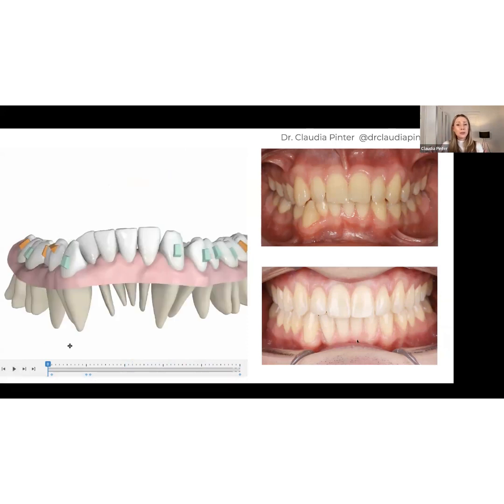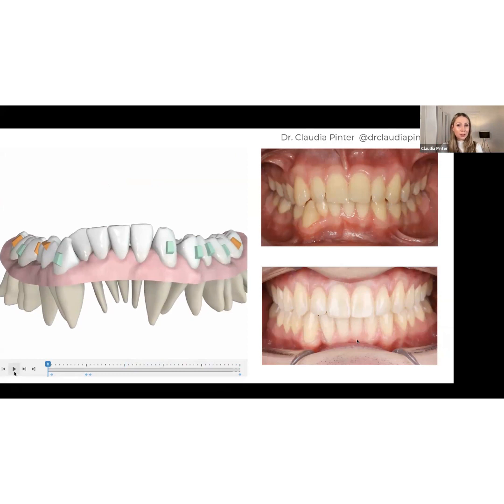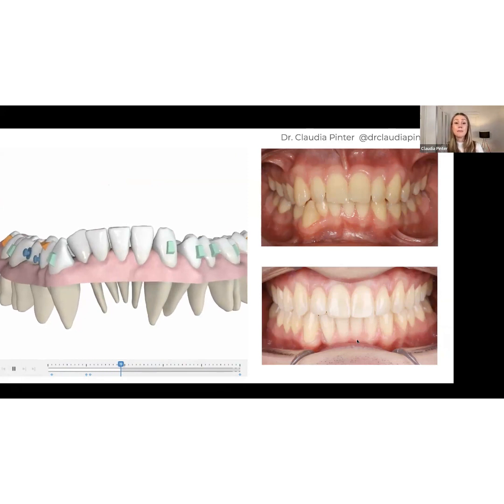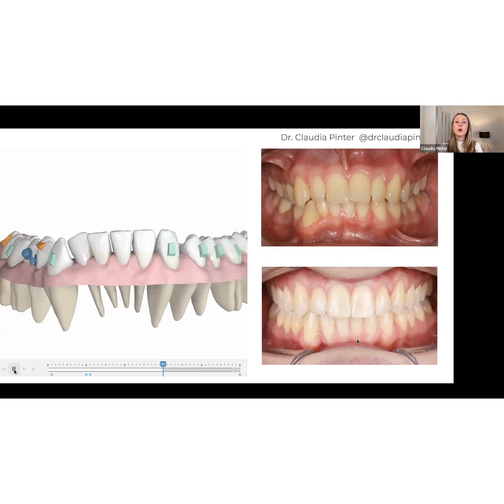And of course, whenever we want to extrude upper incisors, we need to intrude lower incisors. So here we had this accentuated curve of Spee, this deep bite, and lower incisor intrusion was planned to provide the overjet that is needed.